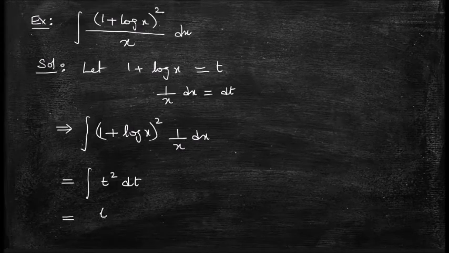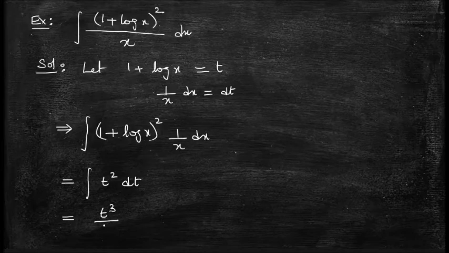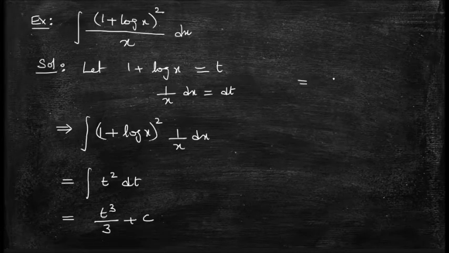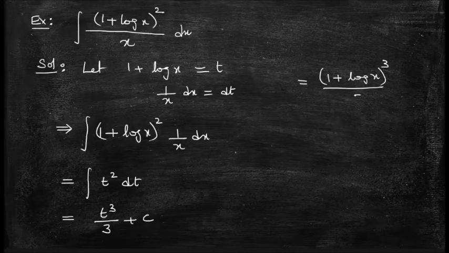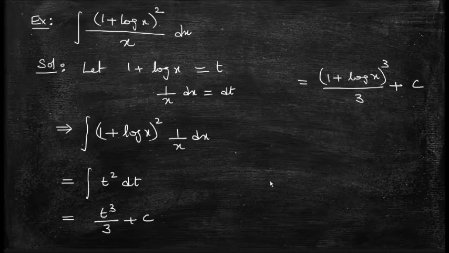Integration of t square is t cube by 3 plus c. Since t is equal to 1 plus log x, so t cube will become (1 plus log x) whole cube by 3 plus c. Hope you have understood the problem, right? One more example.